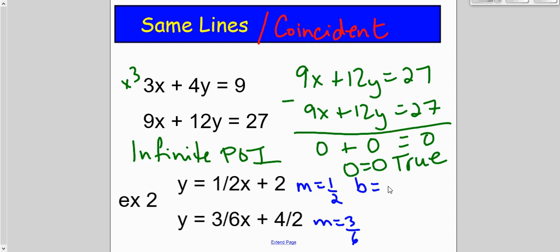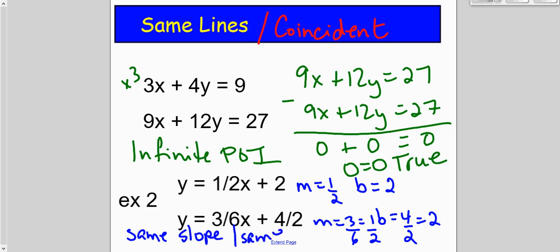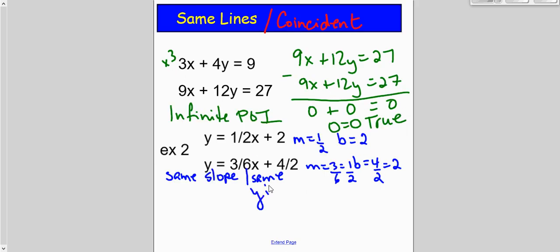And here I have a y-intercept of 2, and down here I have a y-intercept of 4 over 2, which is also equal to 2. So we can see that these are the same slope, same y-intercept. And when that happens, we have the same line. So same slope and same y-intercept equals same line, which will give us infinite points of intersection.